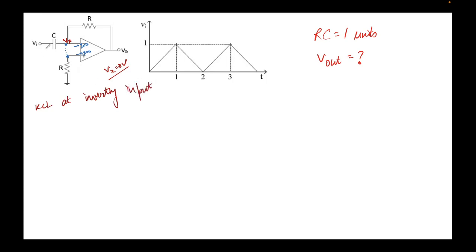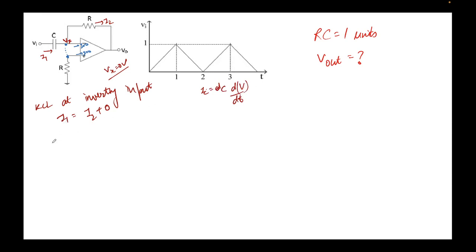Incoming current, let's assume this to be I1, and outgoing current here is I2, so I1 equals I2 plus 0. No current is flowing here, right? For I1, we just talked about the current flowing through a capacitor: I capacitor equals C dV over dt, where V is the difference between the positive terminal and the negative terminal.